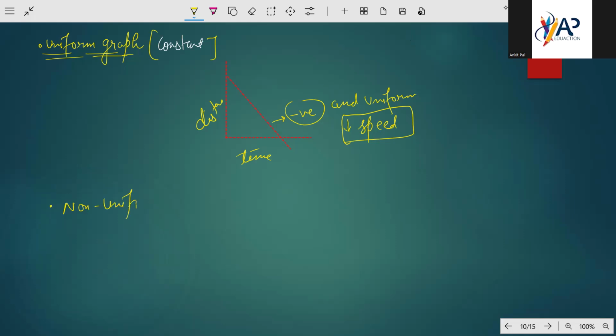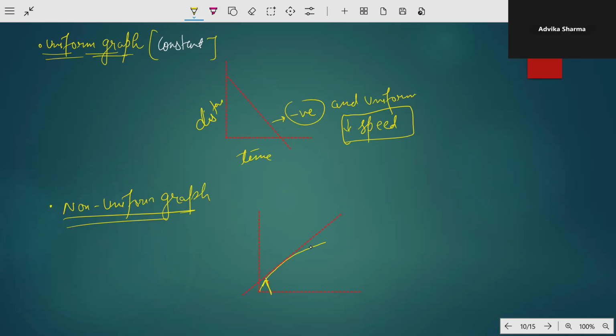Non-uniform graph. Suppose this is the y-axis, this is the x-axis. If we draw like this, we can draw a tangent. It means the graph is positive here, right? Yes.